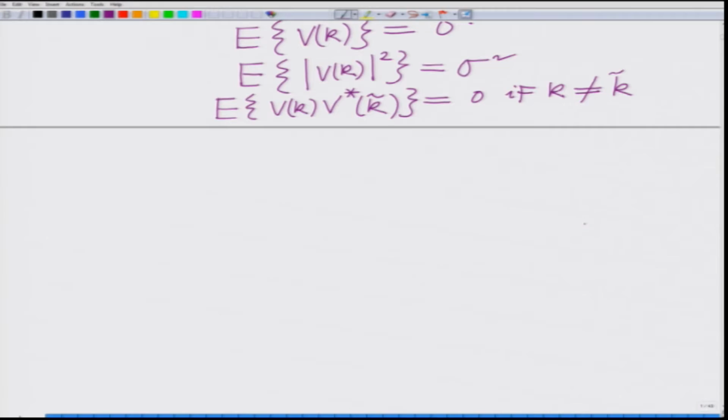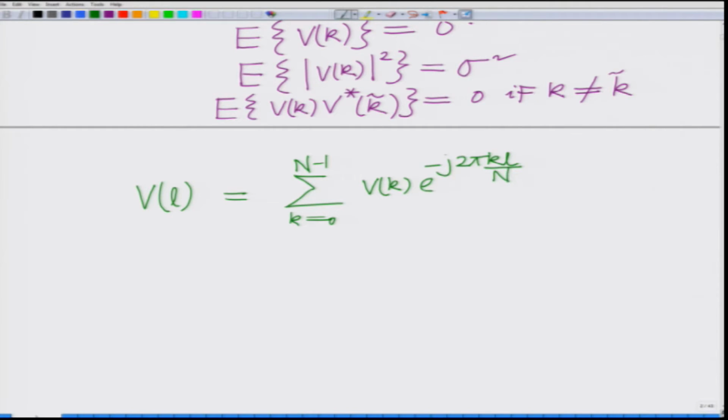Each capital VL is the Lth FFT point of the noise samples, so summation k equal to 0 to n minus 1 Vk e to the power of minus j 2 pi kL over N, where N equals the number of subcarriers.